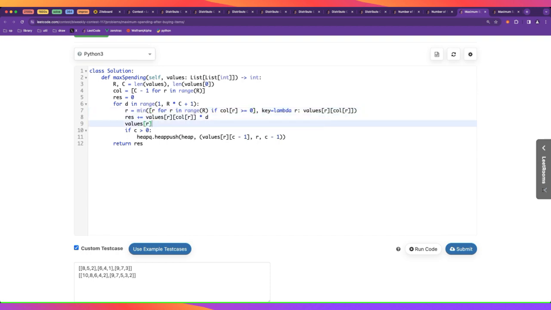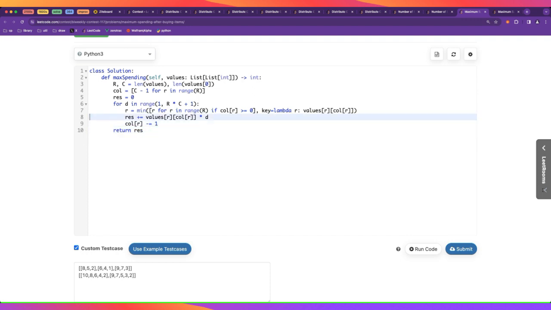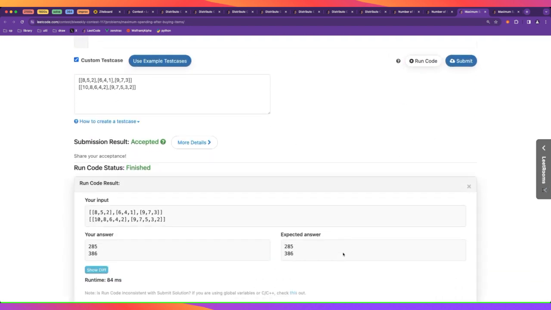So if we subtract, the column now for the row is going to be 1 less, and when we finish a row, we're gonna get -1 there, so we can filter those this way, and I think this should work.